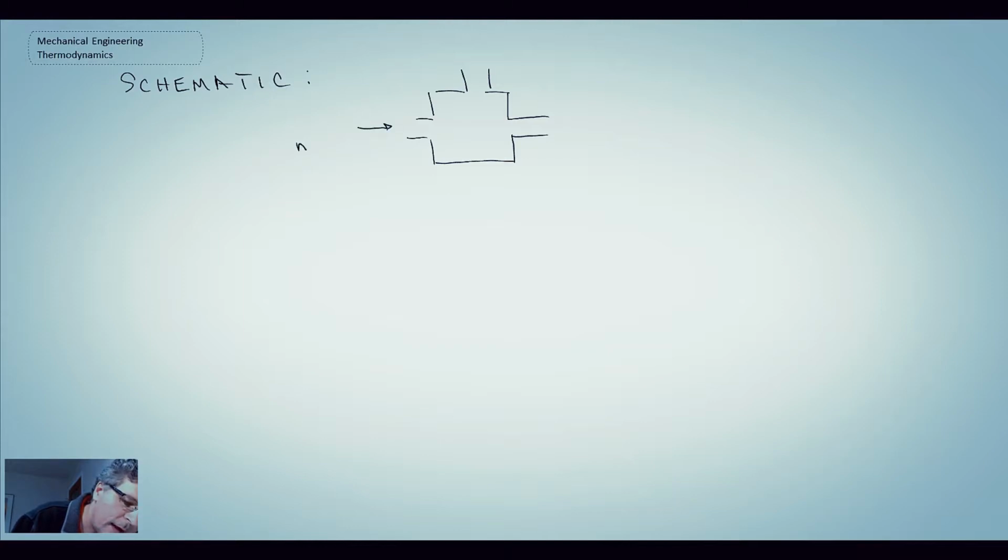So we have a mass flow rate of ethane coming in, mass flow rate of methane, and then leaving we have the mass flow rate of our mixture. We'll start by applying the first law of thermodynamics to this. It is a steady flow process, but it does have multiple inputs and one output. So let's write out the first law.